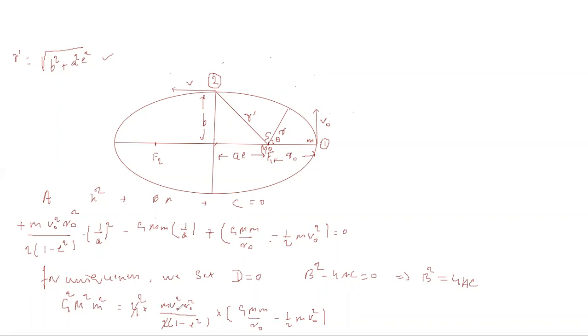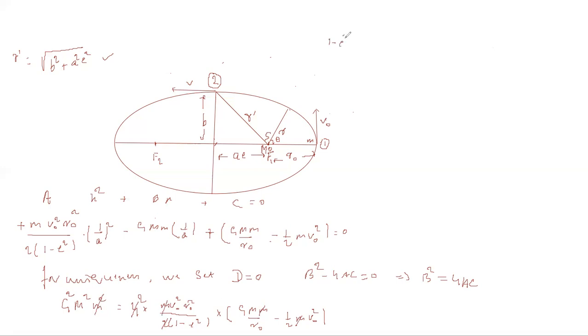Then this m square cancels with this m, and this m is taken common from these two expressions. So these are cancelled. So we can now write it like this by cross multiplying.